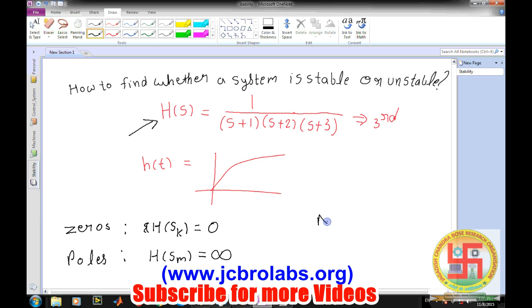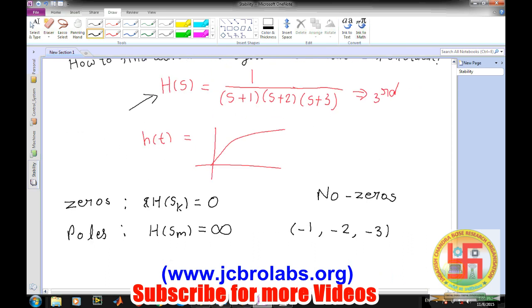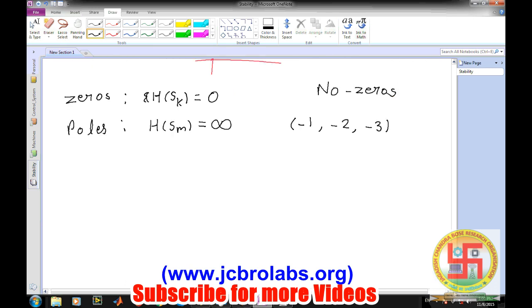There are no zeros in this transfer function, and there are three poles where this system becomes infinity: -1, -2 and -3. These poles have very specific conditions on the stability of the system. Once we know these poles of the transfer function, we create a pole zero plot of this transfer function.